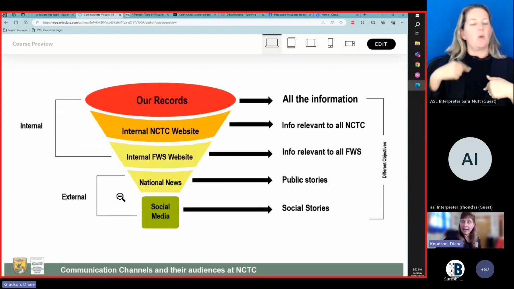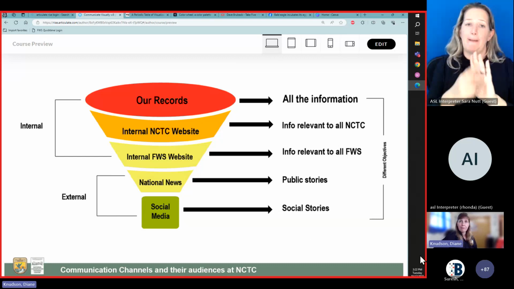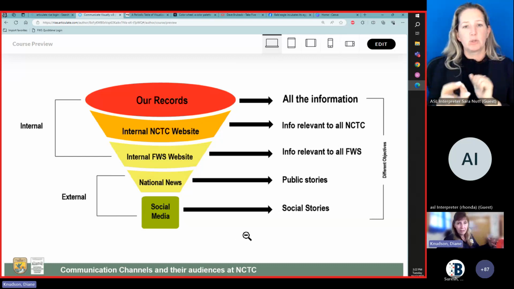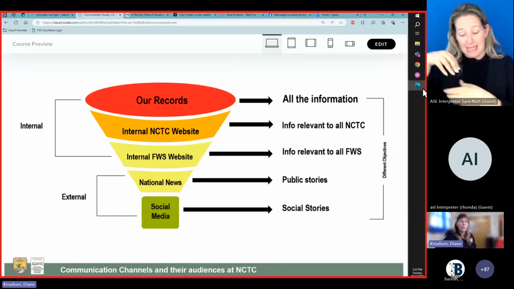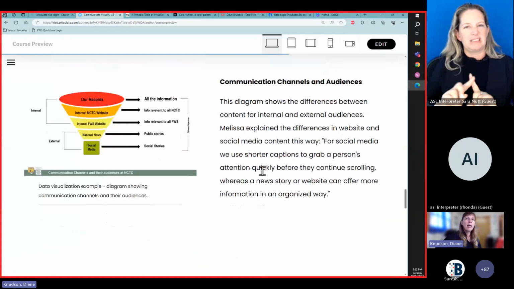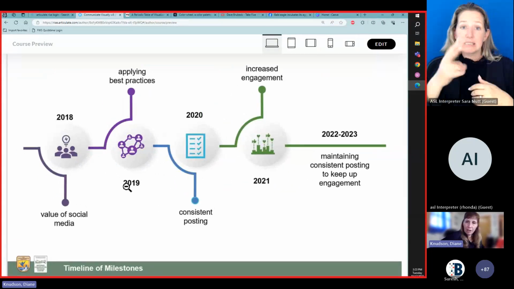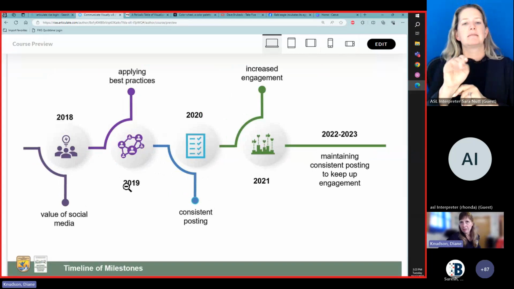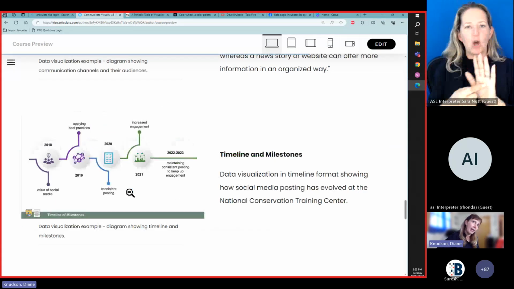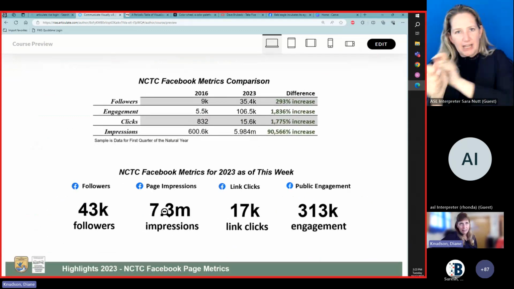The first one was a diagram. This one shows the two different audiences, internal and external, and what their different objectives are for those audiences. The second one is a timeline that shows the evolution of their team and milestones that they've had along the way. And finally, the last one is their analytics.